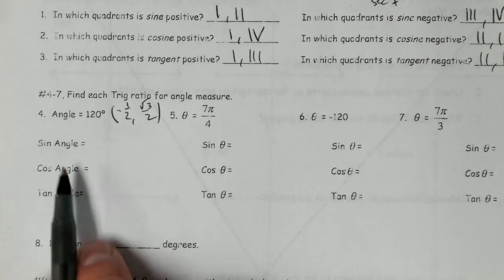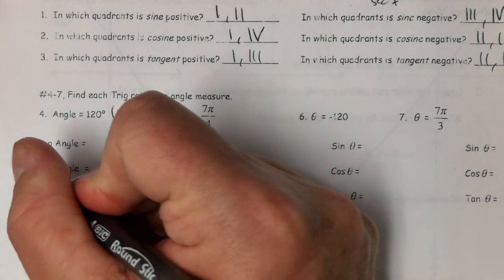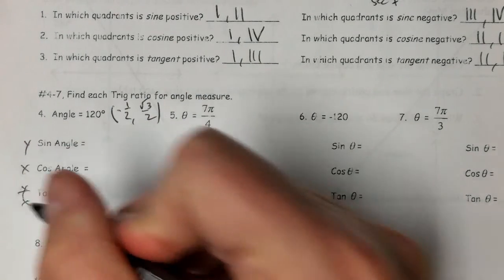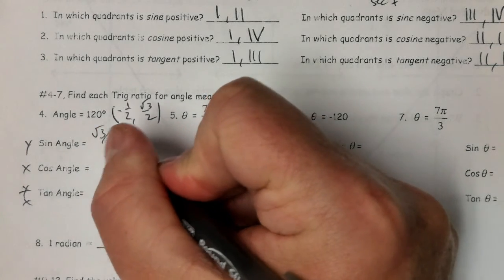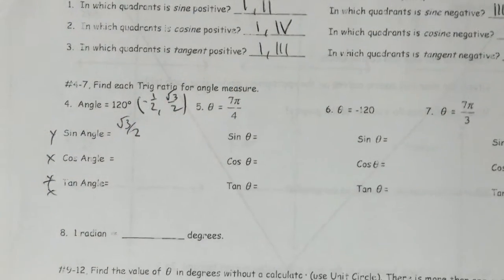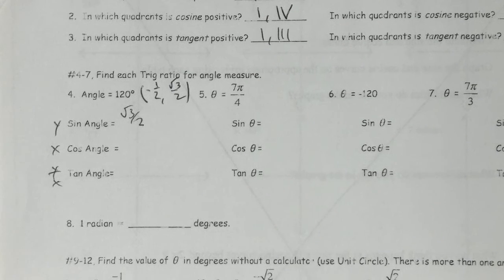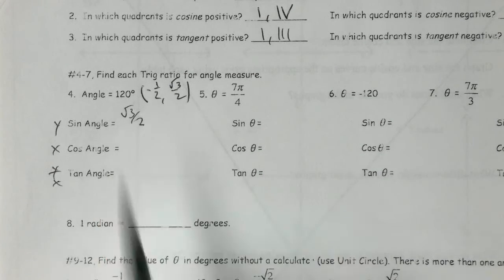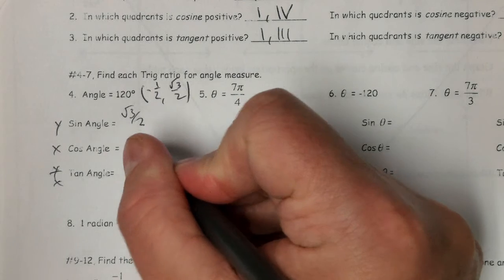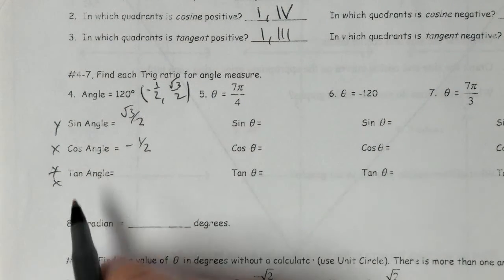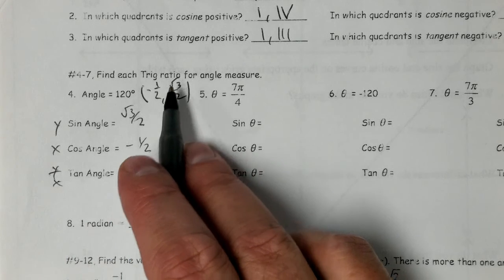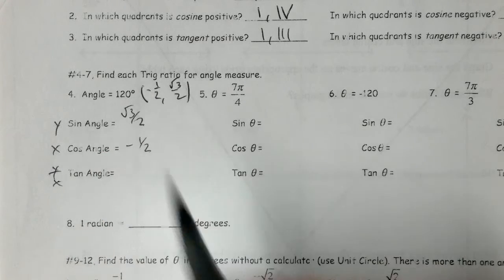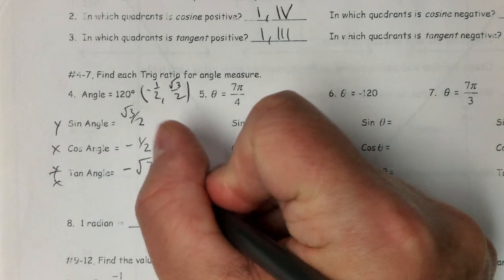So for your sine, remember that's y, and then x, and then y over x. So for your sine, it's square root of 3 over 2 because it's the y answer. And the cosine would be the x answer, so negative a half. Your tangent is y over x, so your 2's cancel, and you've got square root of 3 over negative 1, so that's just negative square root of 3.